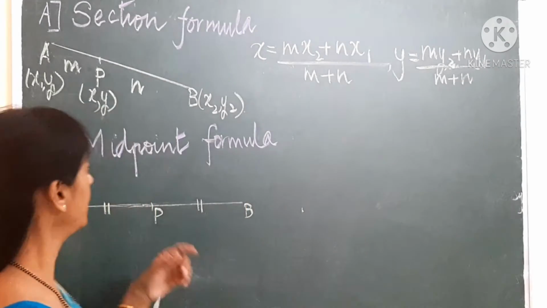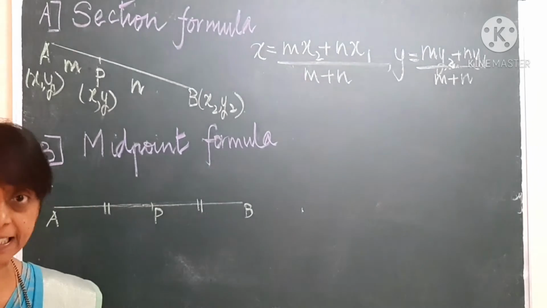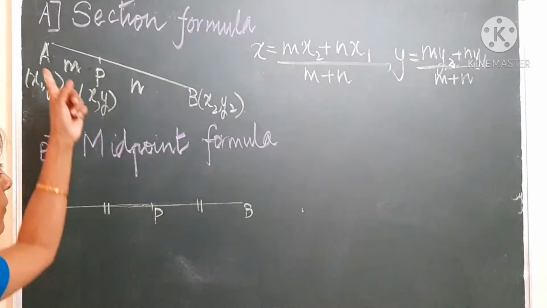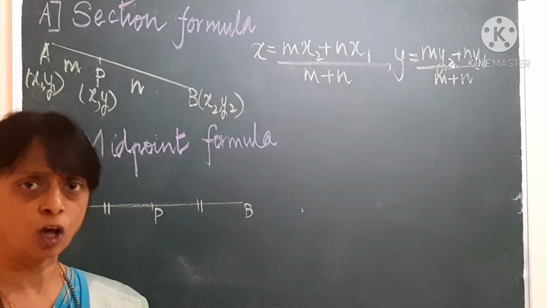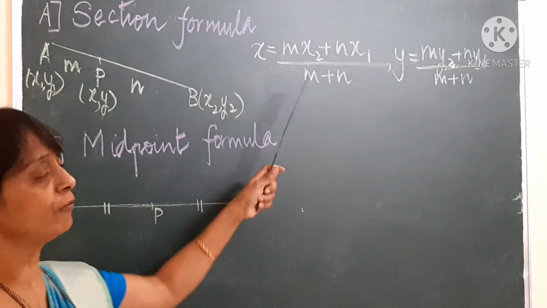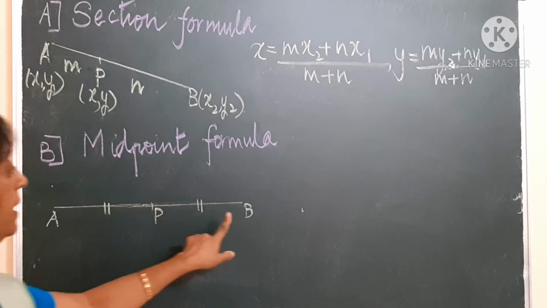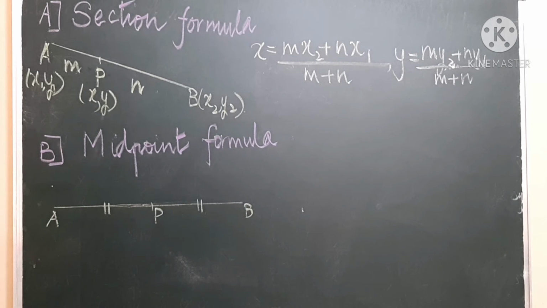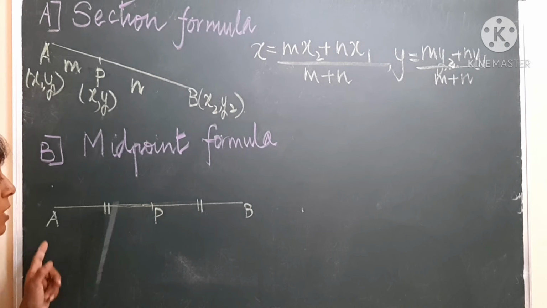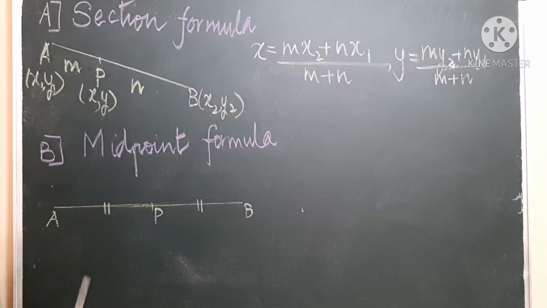When the given point P is exactly the midpoint of that given segment, then what is the change in the formula? So to observe, let's see, AB is a segment where point P is exactly the midpoint. These identical marks show that P is the midpoint of AB.